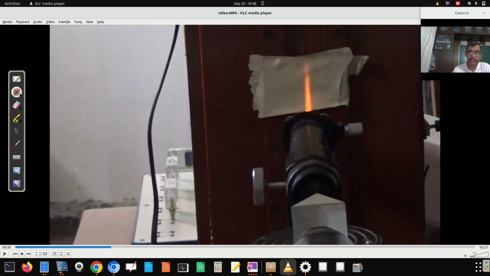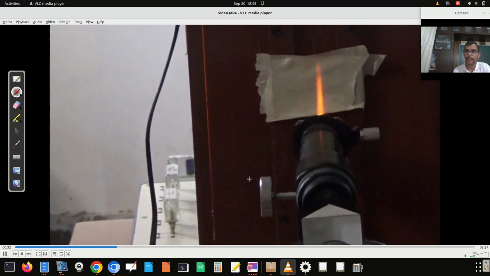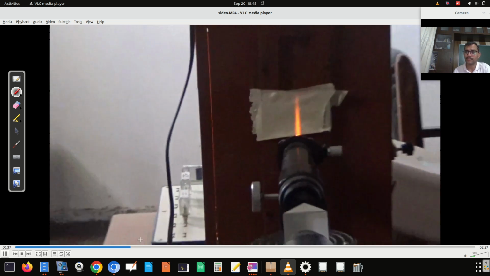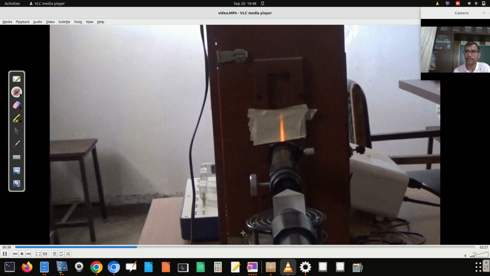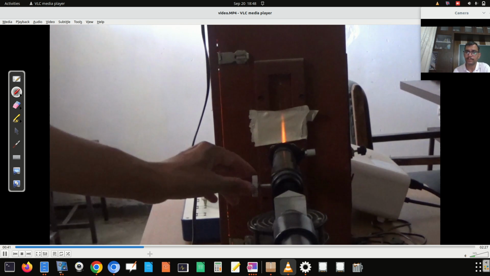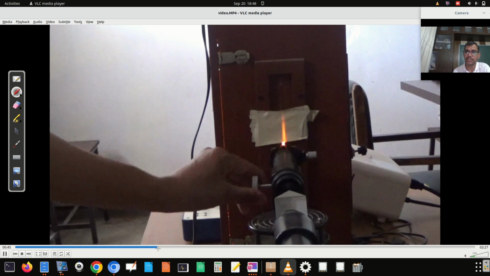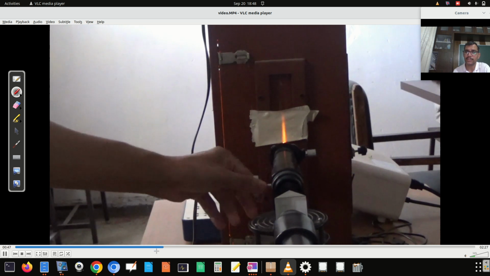And after this, see how the focal length is changed. So we can vary the focal length.